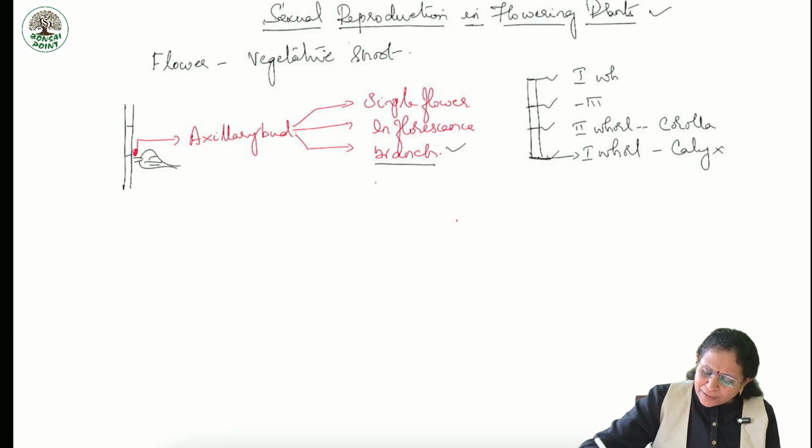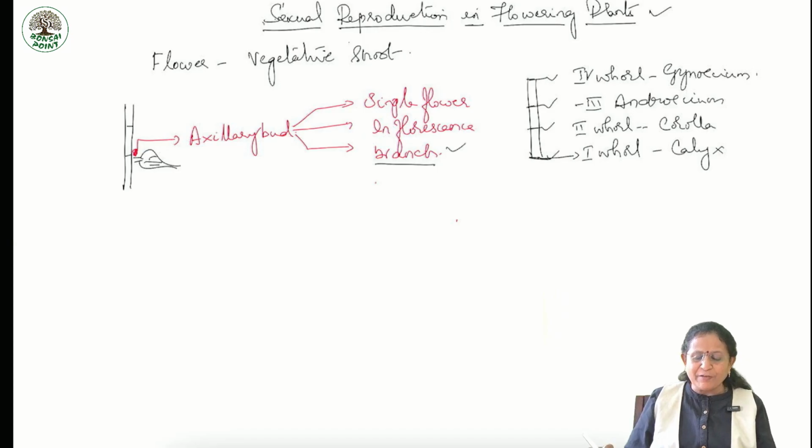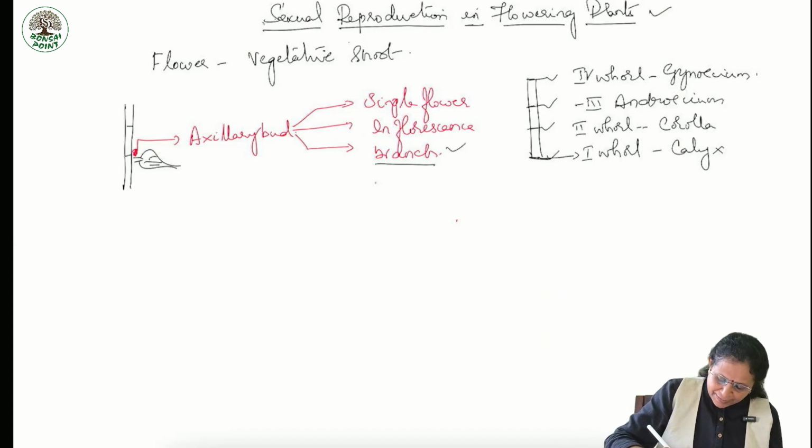Third whorl, androecium. And the fourth whorl, gynoecium. So, which are the 4 whorls of a flower? Calyx, corolla, androecium and gynoecium.